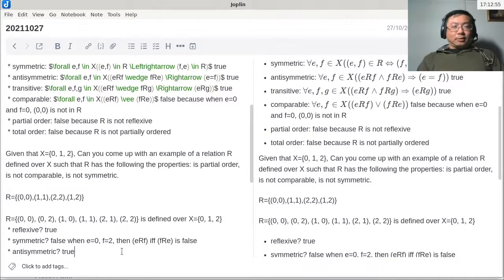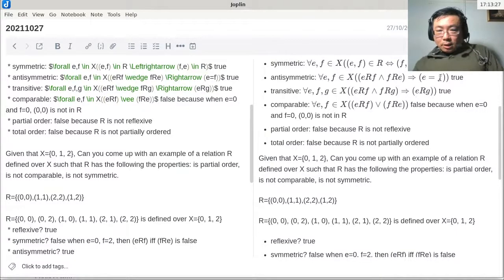Okay, nobody is thinking of a case. Don't be shy. The idea here is if you think there's a case to make this expression false, then it is my job to point out why it is not false. If you find a value for E and a value for F to make this expression false, then I will have to explain why that expression is actually true for that specific combination of E and F.